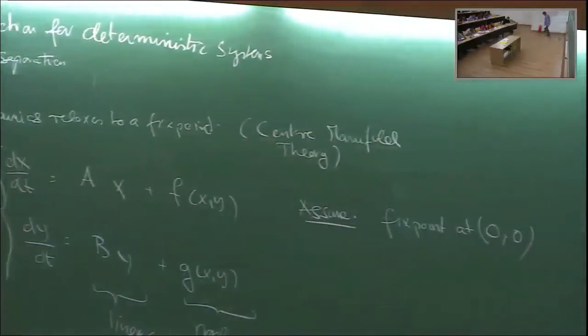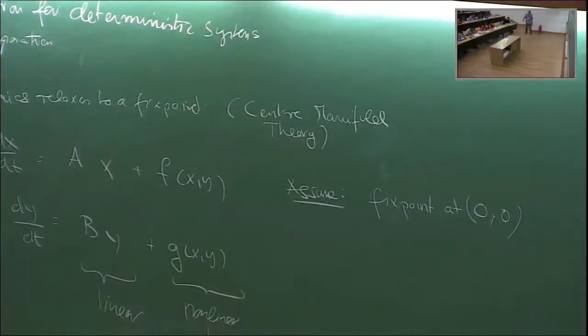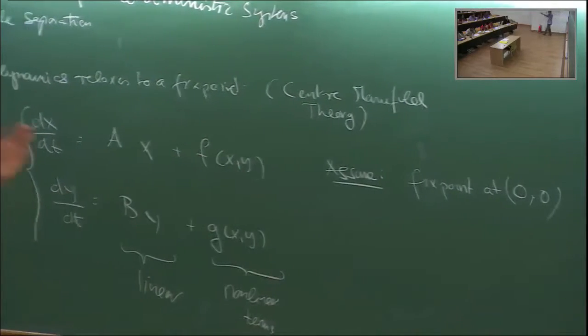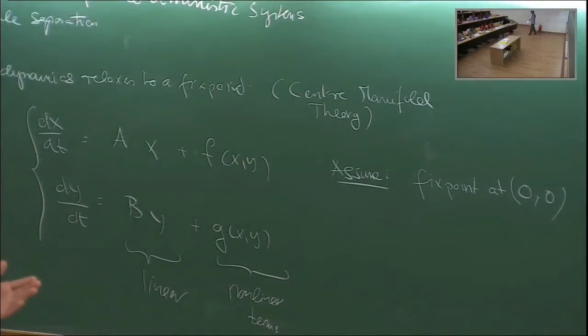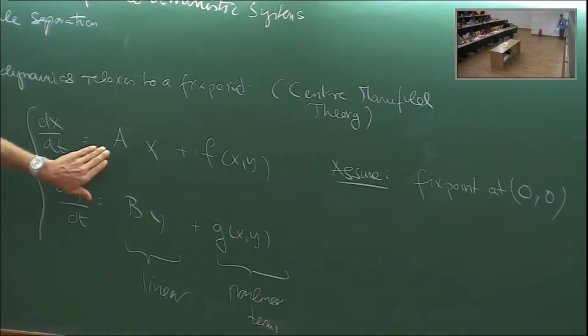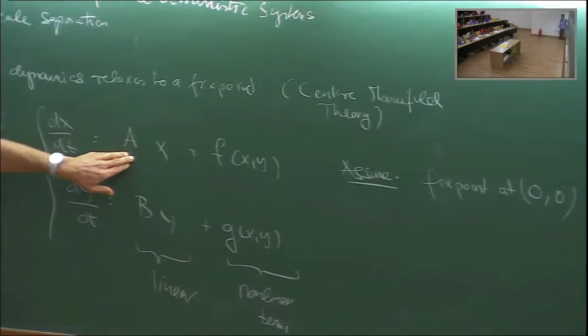So, if you want to look at the stability of this fixed point, what you've done in Rama's lecture is you looked at the eigenvalues of this matrix, right? And you said, okay, if they're all negative, you have a stable system. If there are some real positive eigenvalues, then you have instability. So the case that we're going to look at now is what happens if the real parts of the eigenvalues of this matrix A are now 0.